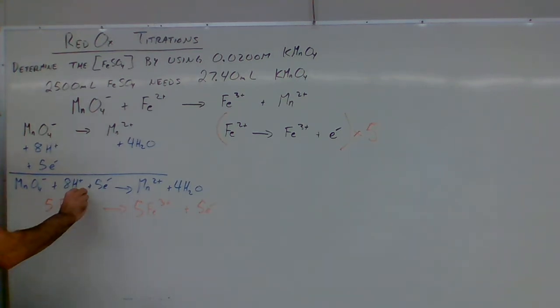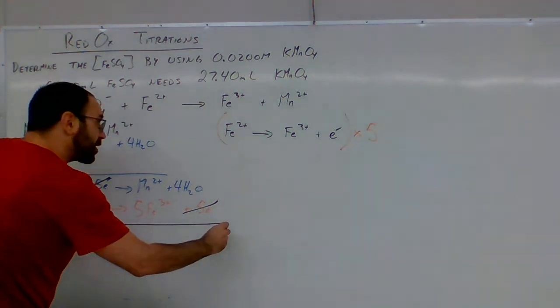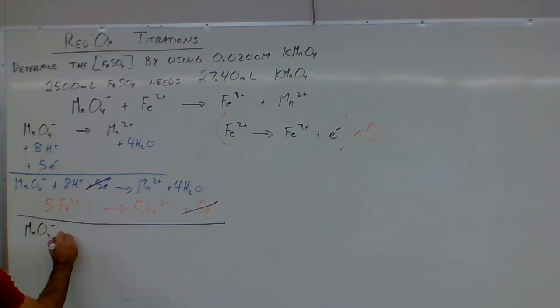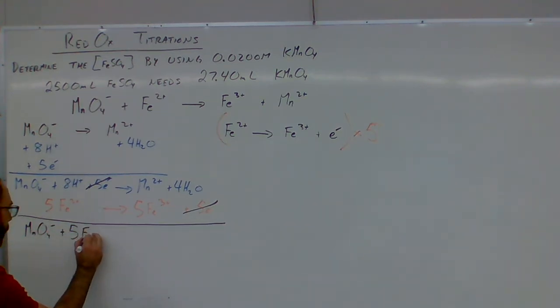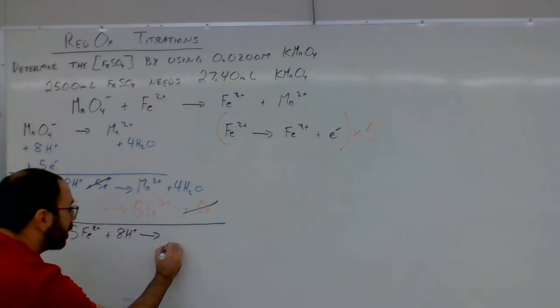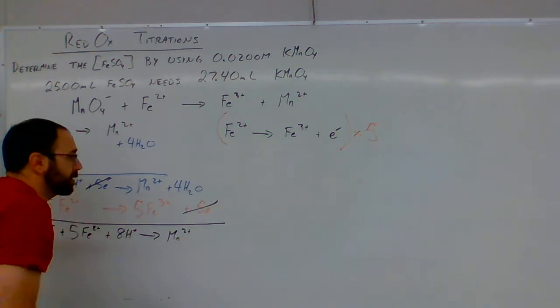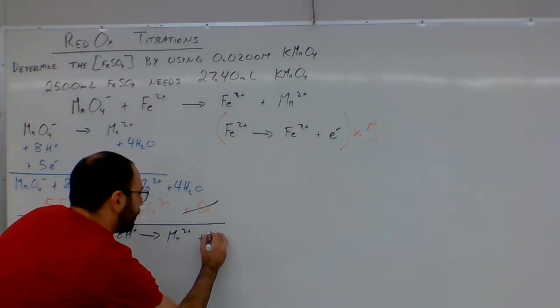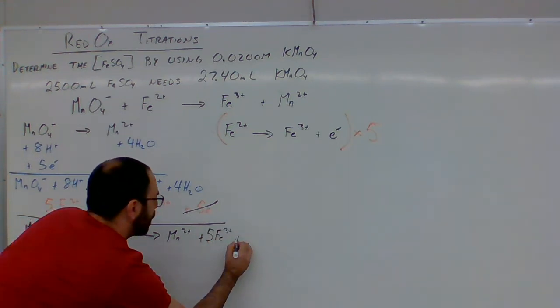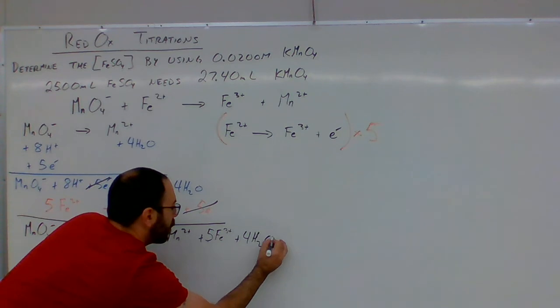Same number of electrons on both sides, so they cancel each other out. My overall reaction is MnO4 minus plus 5 Fe2 plus plus 8 H plus gives me Mn2 plus, 5 Fe3 plus, and 4 water.